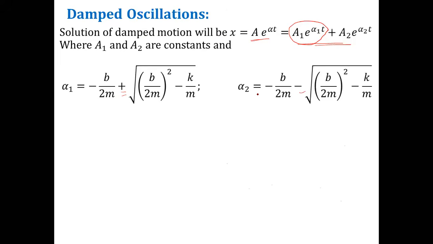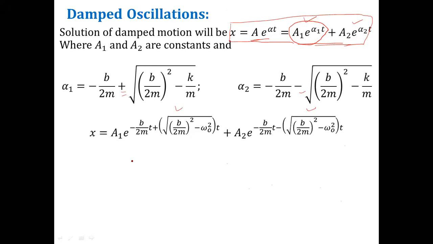Similarly here, your first term is a solution, your second term is also a solution. But the most general solution would be a linear combination of both the terms. And that is why we are saying that this would be my solution here for the second order differential equation that we obtained in the case of damped oscillation, where alpha 1 and alpha 2 are defined here. I'm stressing alpha 1 and alpha 2 time and again because there is some physical relevance attached to these two terms.